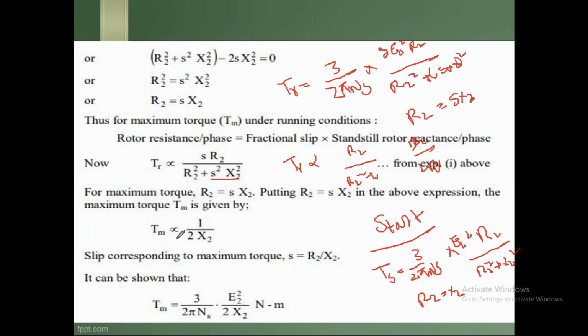Finally, you will get Tm is directly proportional to 1 divided by, representing in terms of X2, 2X2. So this is the obtained condition. Now, if we substitute R2 by X2 in this equation, then you will get the maximum torque.